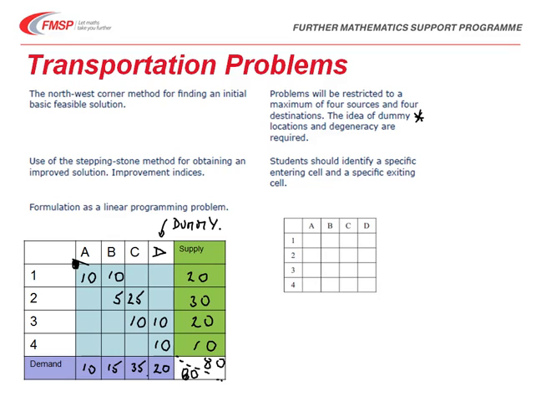The number of cells that we've used should always be 1 less than the sum of the rows and columns. So here we've got 4 rows and 4 columns, and we've used 7 cells. However, it is possible that that doesn't happen. So for example, in this table here, let's say that we fully satisfy A as demand from source 1, but it uses everything up.